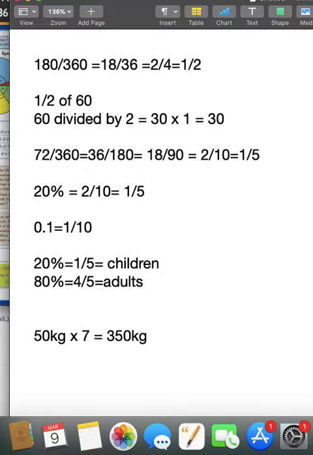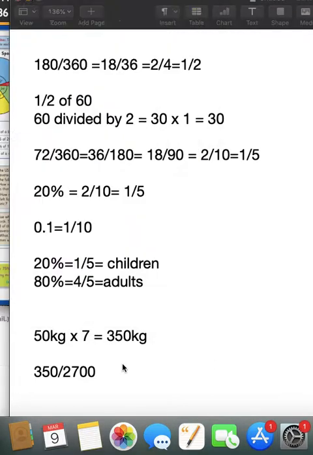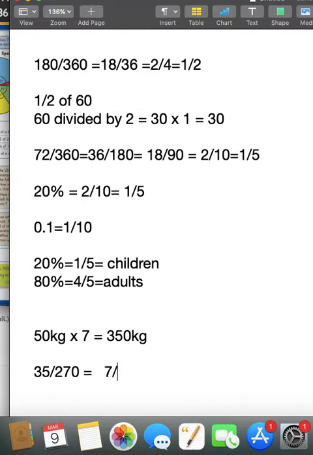Okay, so I am putting what 7 men weigh over what the calf weighs, which is that, I think. Yeah, and then I'm simplifying it, so I'm getting rid of any zeros I can. I'm seeing, can I divide in any number? Well, it ends in 5s and 0s, so 5 can definitely go in. So it's 7 over 52. I think that's as much as I can get.